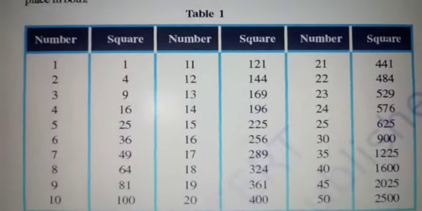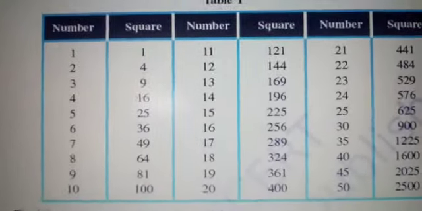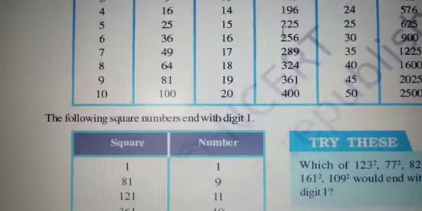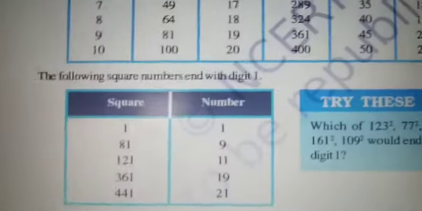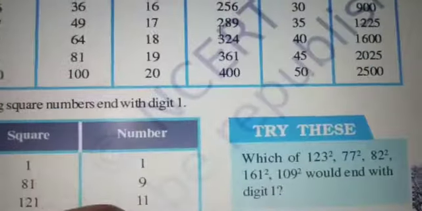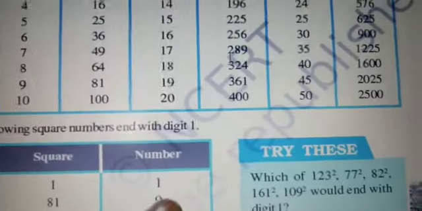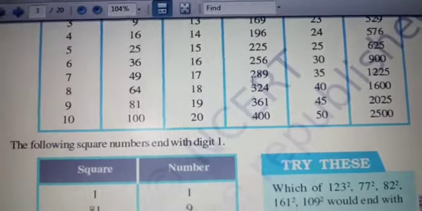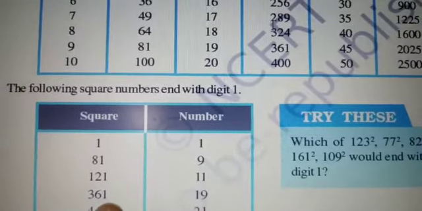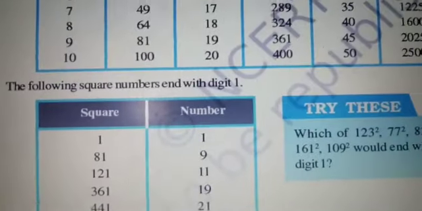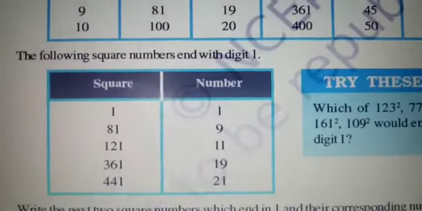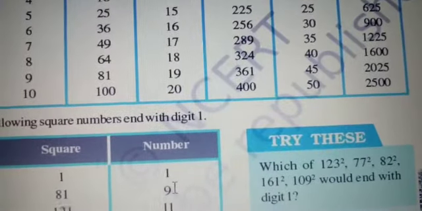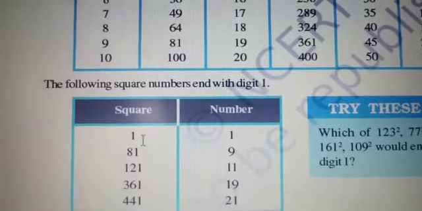So the hint which we got is, in the table given below, this is your number and this is your square: 1 square is 1, 9 square 81, 11 square 121, 19 square 361, 21 square is 441. So, if the number ends with 1 or 9, then its square number will always end with 1.